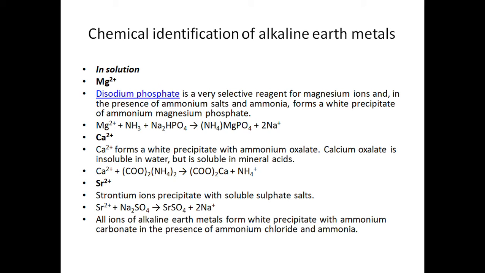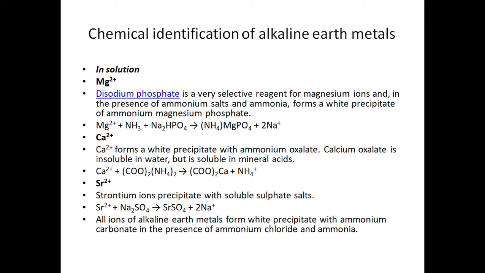Then calcium ions form a white precipitate with ammonium oxalate. This white precipitate is calcium oxalate, and it is insoluble in water but soluble in mineral acids. Now, strontium ion can be identified by its chemical reaction with the reagent sodium sulfate.